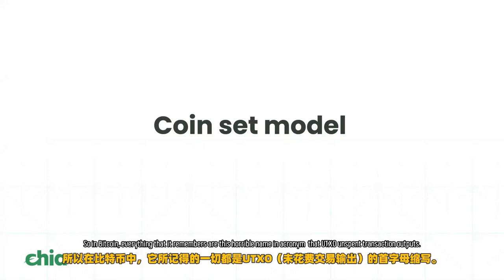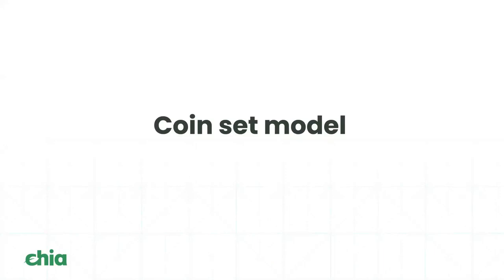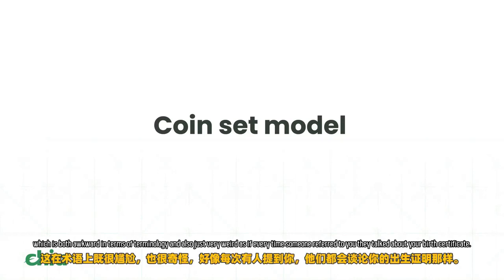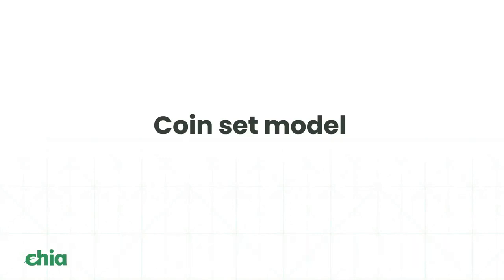So in Bitcoin, everything that it remembers are this horrible name and acronym, the UTXOs, unspent transaction outputs, which are referring to the transaction which created a coin and the index number of the particular output which it happens to be, which is both awkward in terms of terminology and also just very weird, as if every time someone referred to you, they talked about your birth certificate.